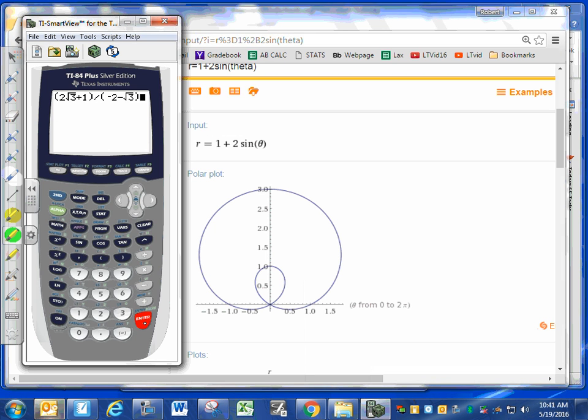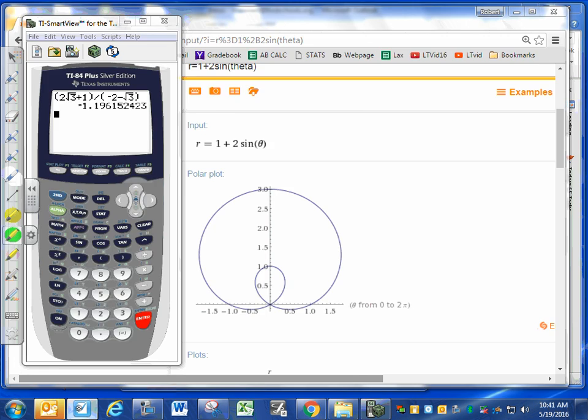Did you get this in your calculator? Negative 1.196? Good. All right. So just like I suspected at pi over 3, my tangent slope is negative. You could find that in your calculator by graphing and doing second calc dy dx. There's probably a question where you're finding dy dx of a polar equation at a certain point.